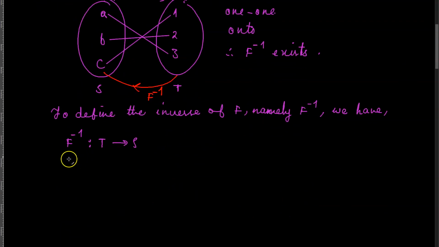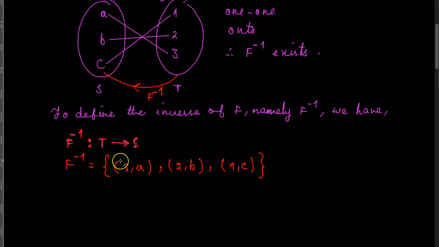So then you can write f inverse as a function from T to S, as the set containing (3, a), (2, b), and (1, c). And that is basically the inverse of this function.